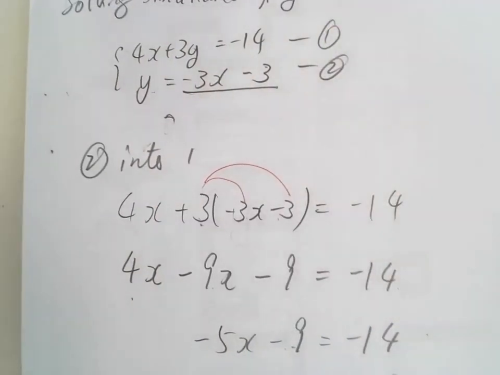Alright, sometimes they will not give you a y or x equals, then we will have to do something about it. It might not be ideal because cases are strange. We can still use substitution.